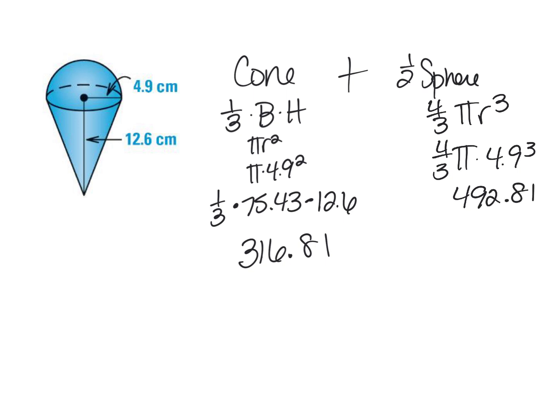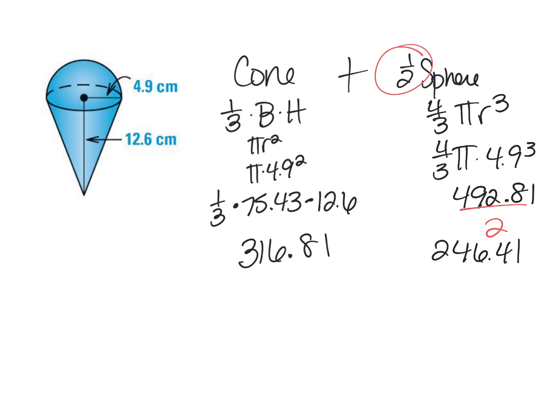And then I need to not forget, I've been pretty good on this video about not forgetting. I need to remember to cut it in half because this is a half sphere. So divide it by 2. And that gives me 246.41.